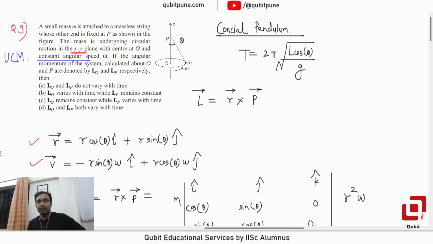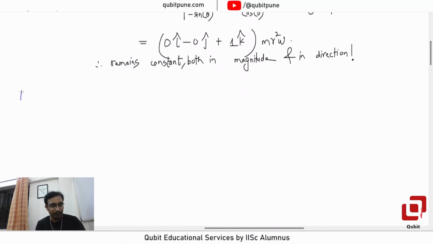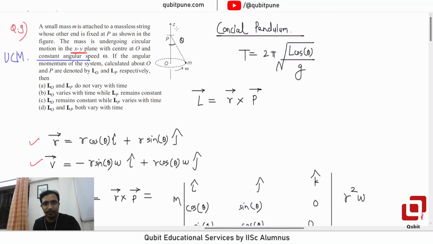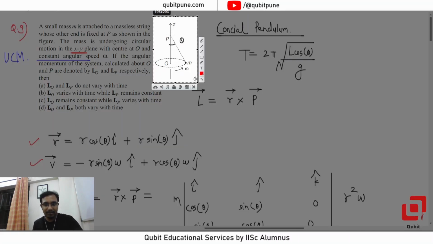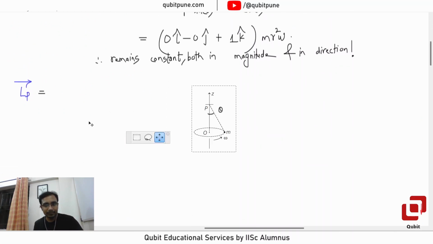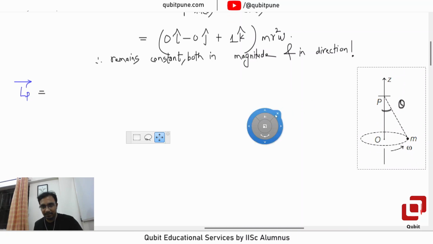Finding its angular momentum about point P. Now how can we find it? For L_P bar, let's borrow this figure, I'll paste it here, a bit enlarged, that's better.